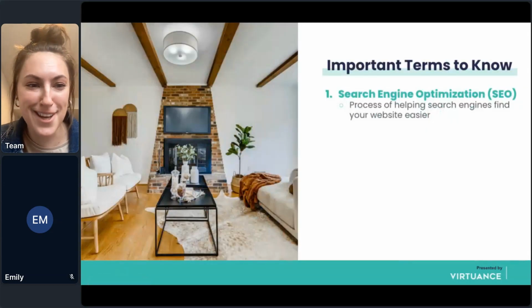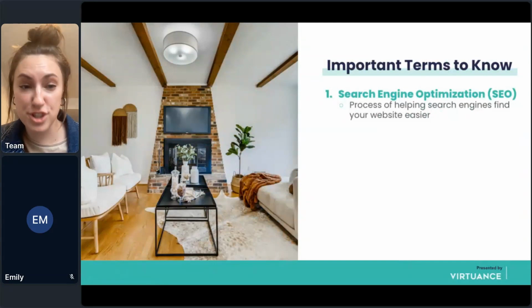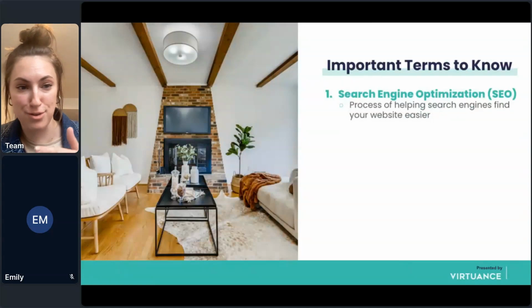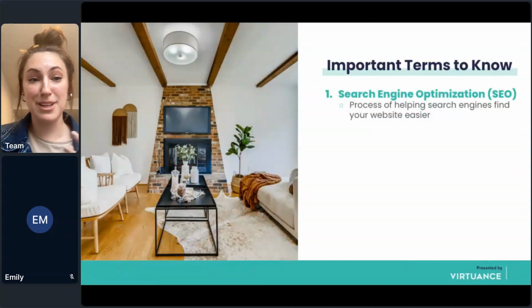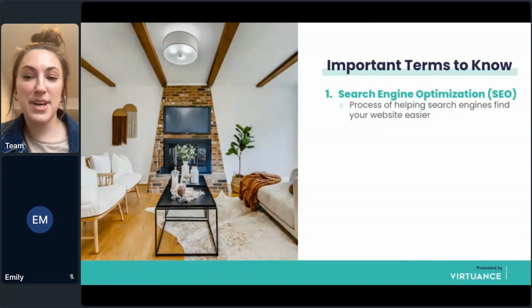So first, SEO. We already touched on this a bit, but just to reiterate, SEO stands for search engine optimization, and it helps search engines, again, Safari, Google, Bing, Yahoo, find your website easier. Google and these other search engines are ultimately really attractive to your potential buyers because they allow them to find almost anything within seconds, right?